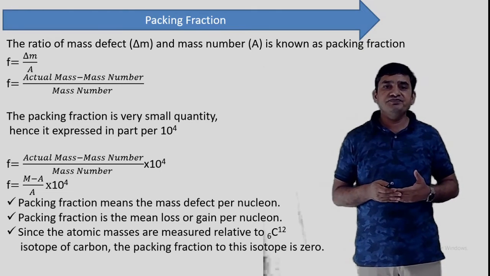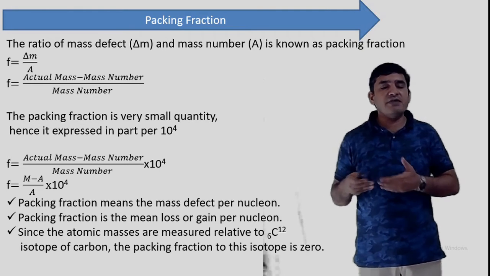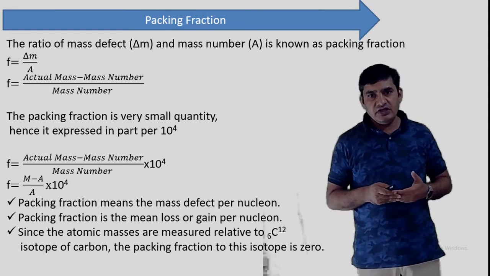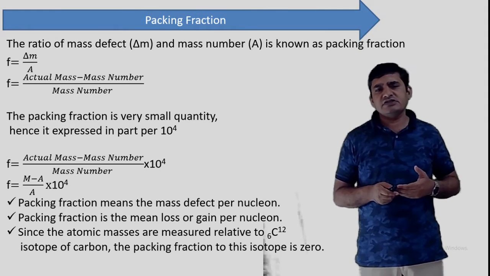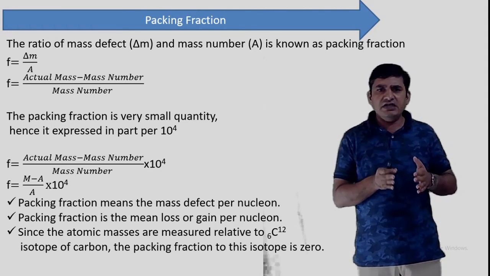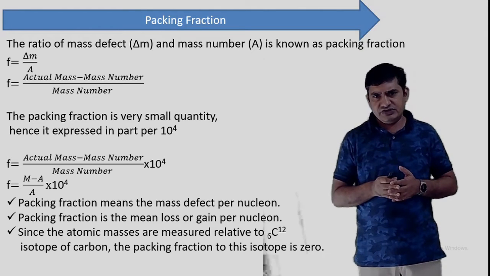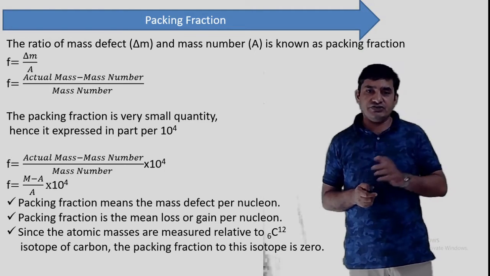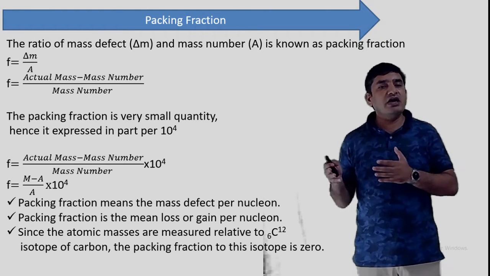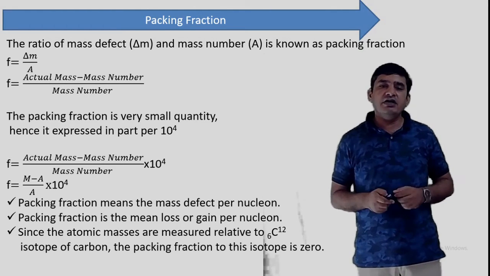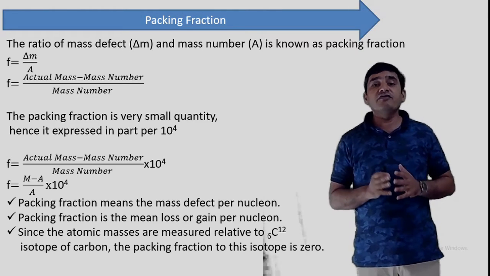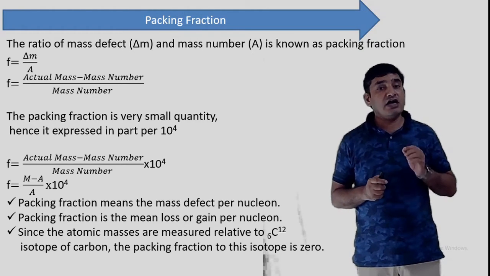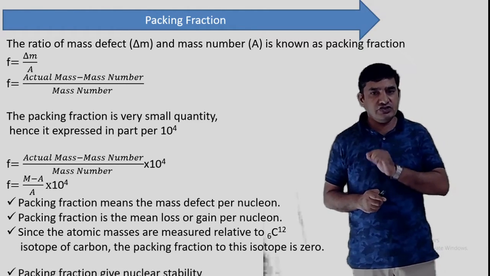Packing fraction gives the stability of a nucleus. Atomic mass of any nucleus is measured relative to the carbon-12 isotope, and therefore the packing fraction of carbon is 0.